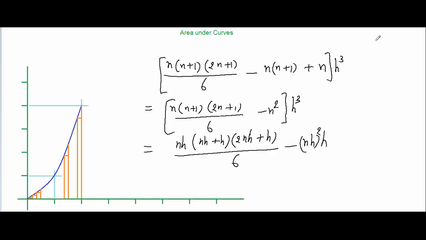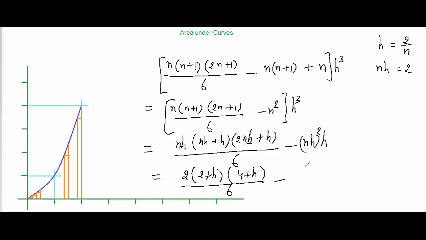Because h is equal to 2 by n in this problem, nh is equal to 2. I put the value of nh as 2. nh is 2, so this is 2 into 2, 4. 4 plus h divided by 6. It is 2 square, that is 4h. Last point, n tends to infinity, so h tends to 0. This h will become 0.